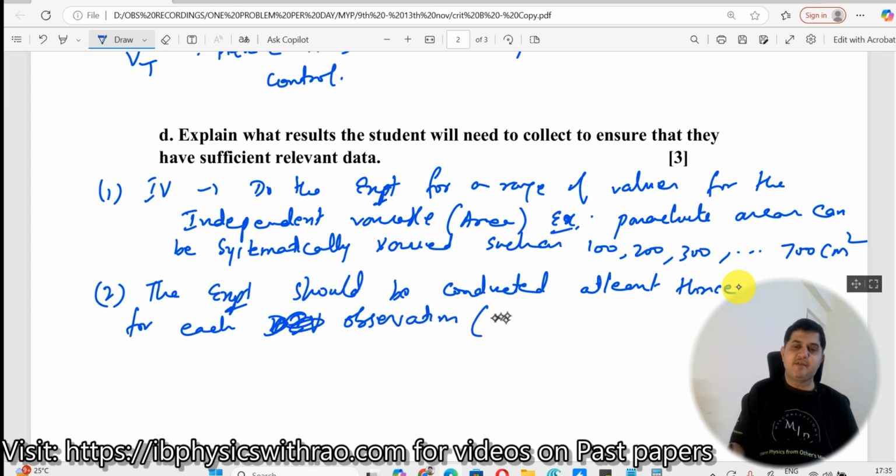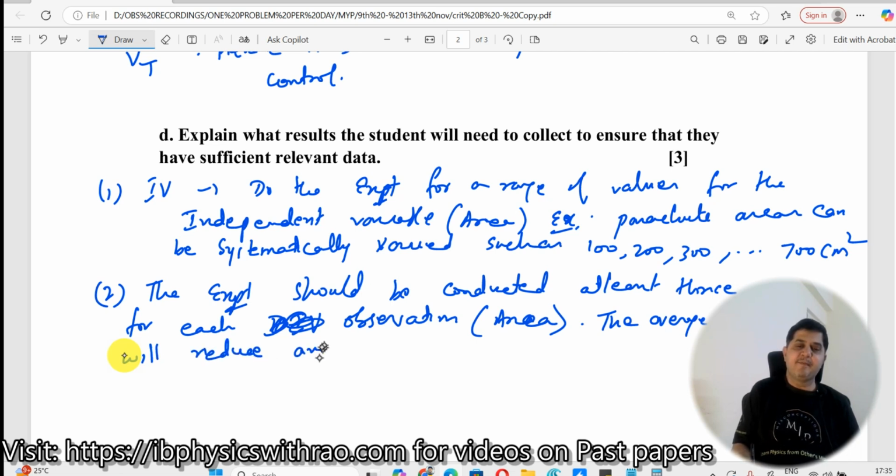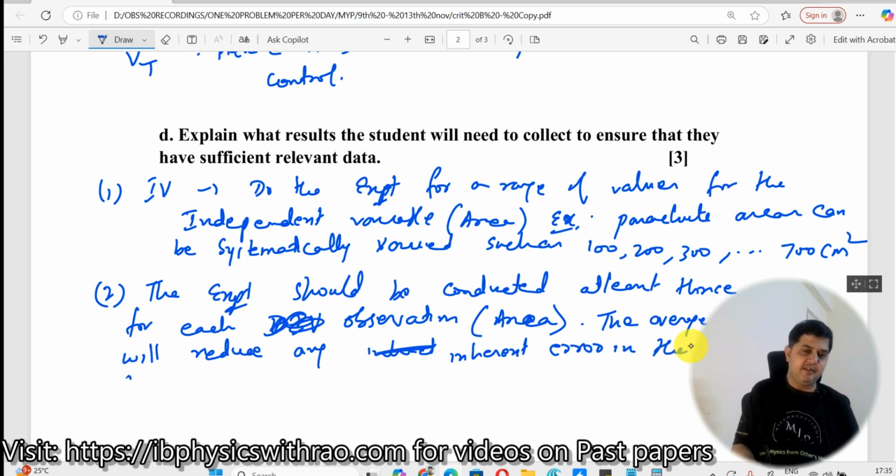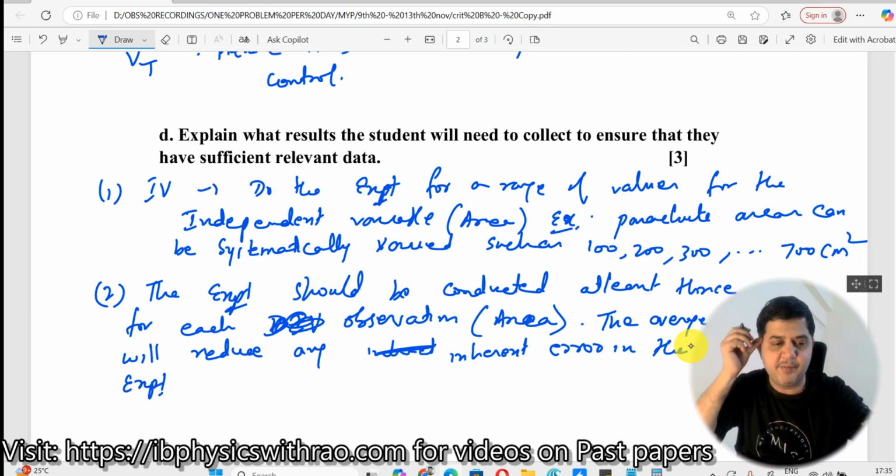For each observation, this one. Area. So the second one, the average will reduce the inherent error in the experiment. So this is the second one that you can do, repeated trials.